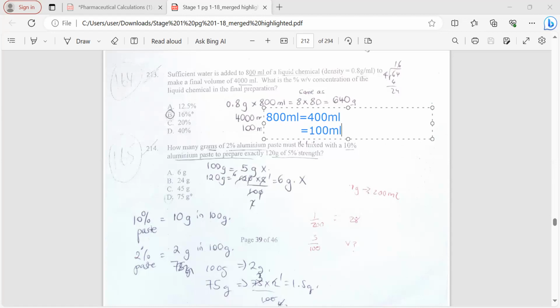So 100 ml of solution will have how much of these? Maybe it's the internet?